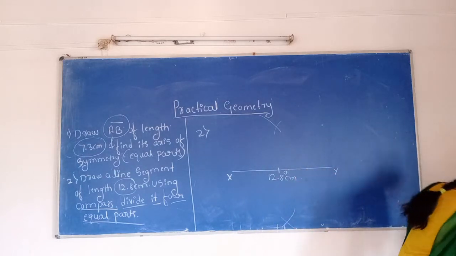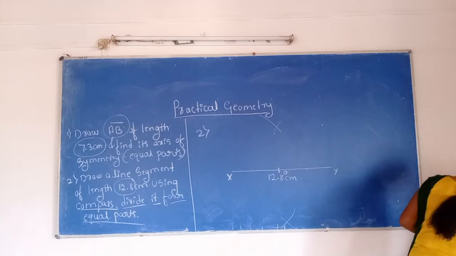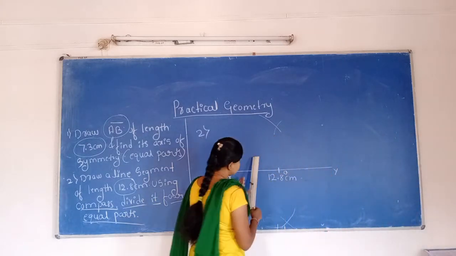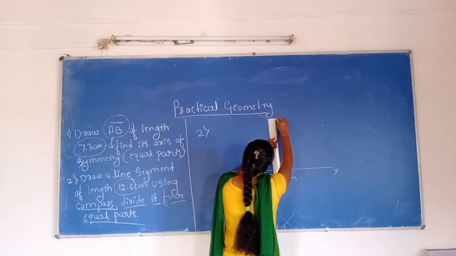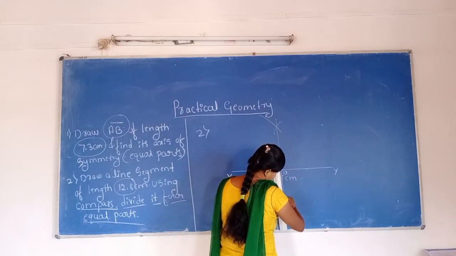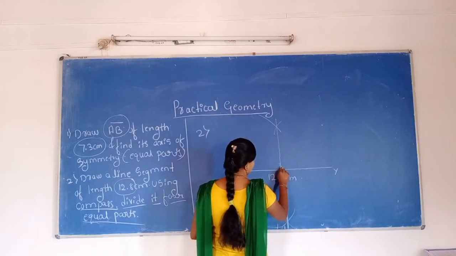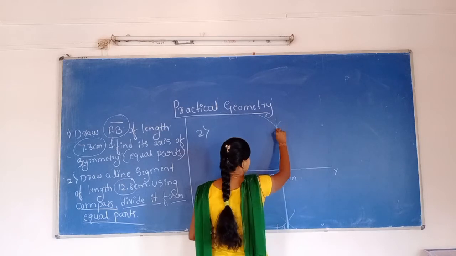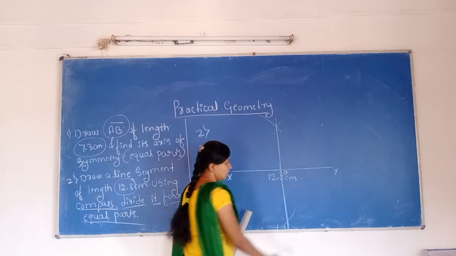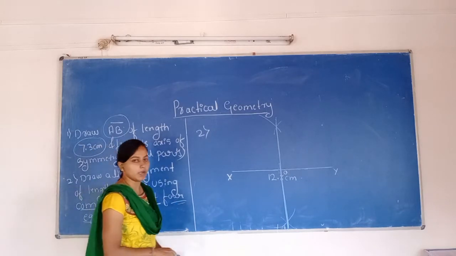Now using your scale you have to join this center point. Now this is a half part. But what did they say? They said to make 4 equal parts.